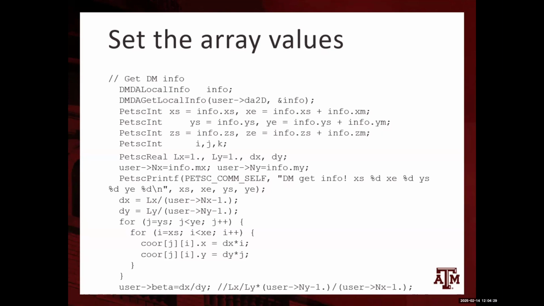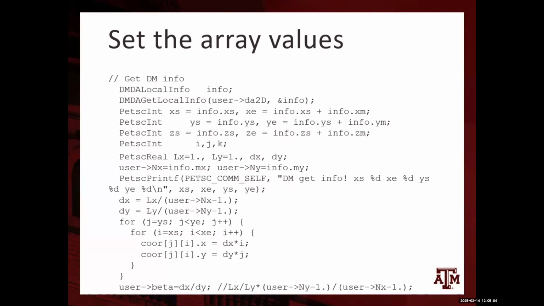So, for example, you have 0 to 40 and you run it on 4 cores. 0 to 20 is on this rank, and 20 to 40 is on another; this one has size 20, so 20 is going to be the XS for rank 1, and also rank 3.